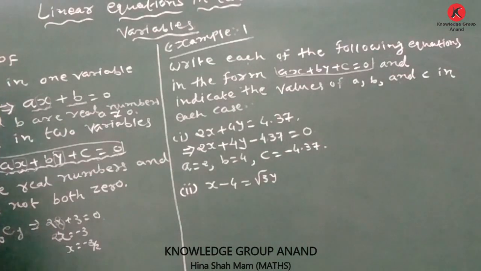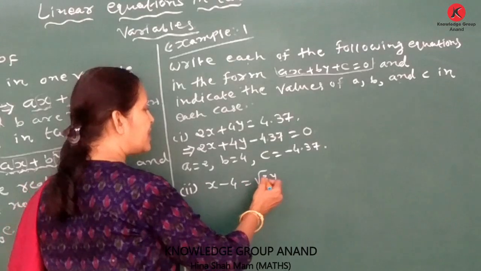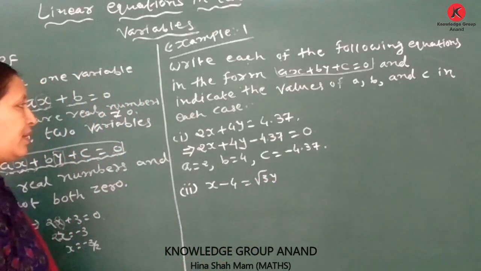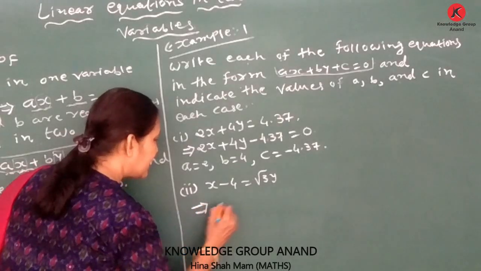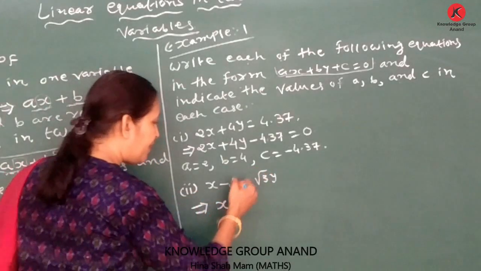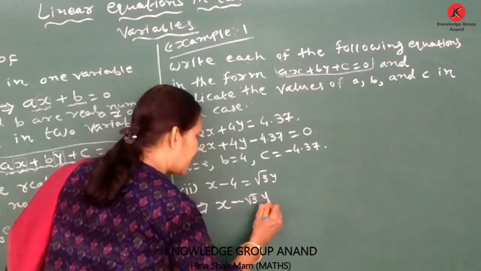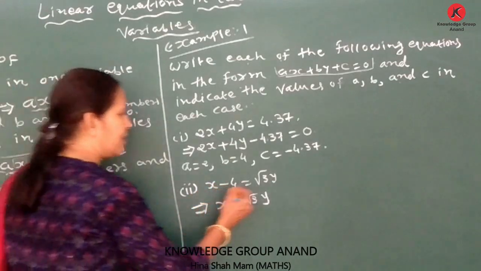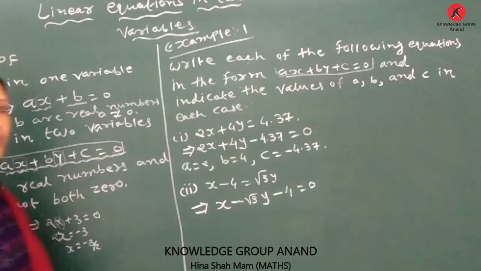Number 2. x minus 4 is equal to root 3 y. First we write x, that means ax, plus by. Here the by term becomes minus root 3 y, plus c, minus 4 equals 0.